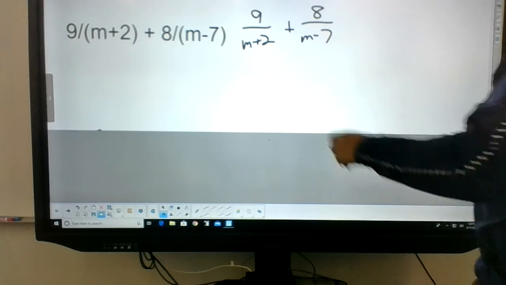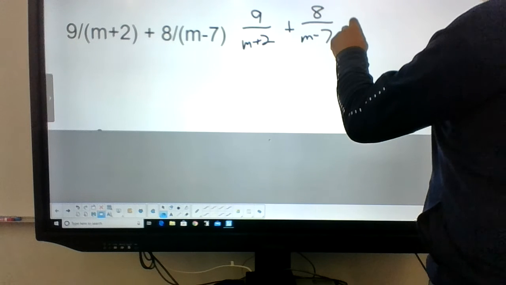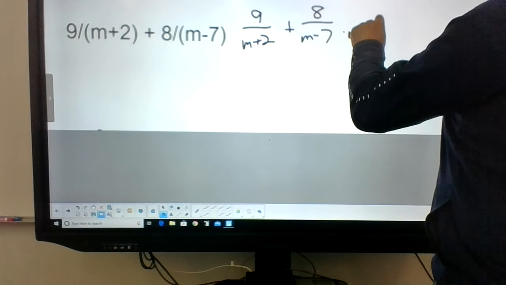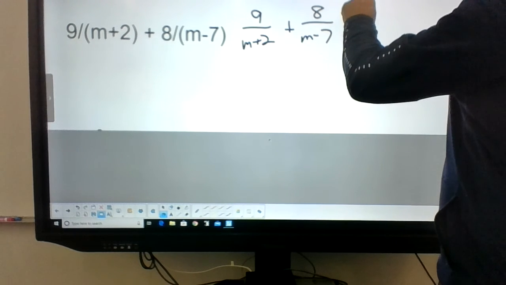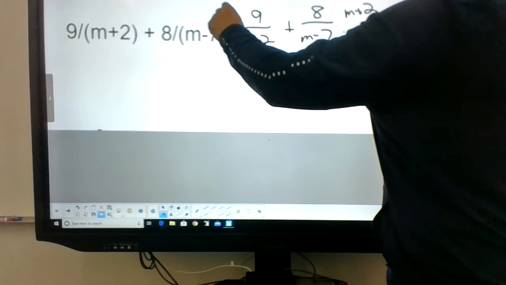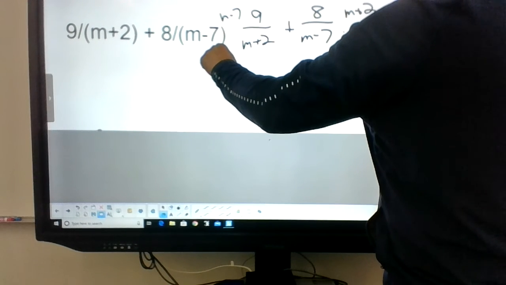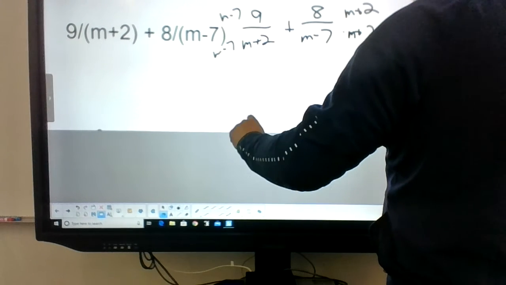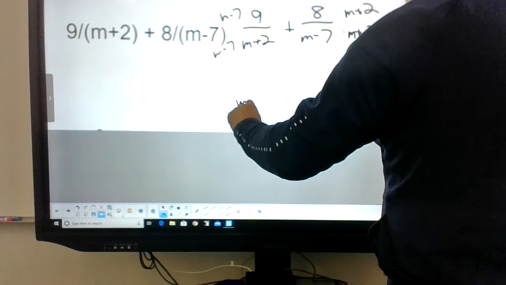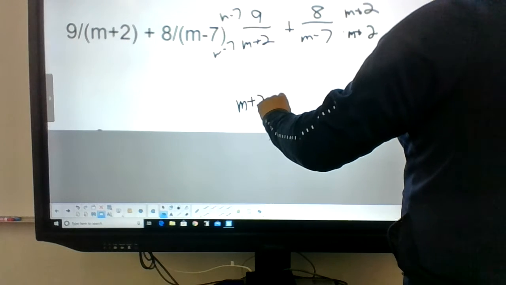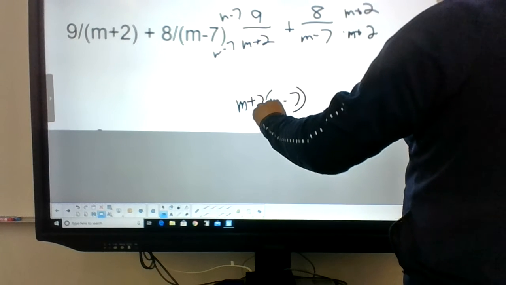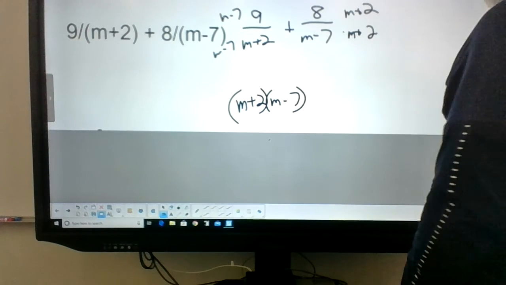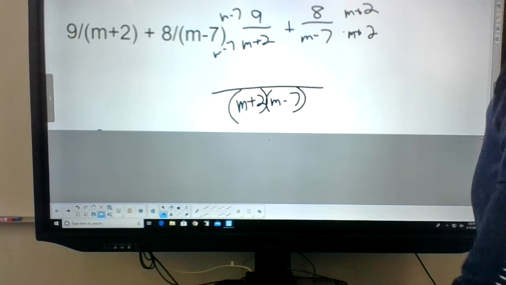Our common denominator, again, when in doubt, we multiply them together. So we're going to have to multiply this by m plus 2 over m plus 2, and this side by m minus 7 over m minus 7. My common denominator is m plus 2 times m minus 7. So that'll be on both of them.